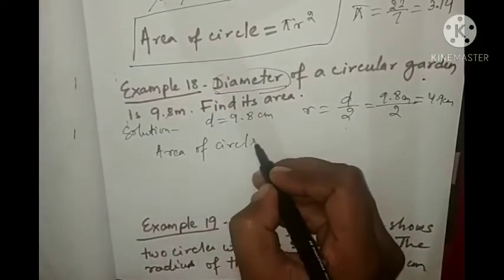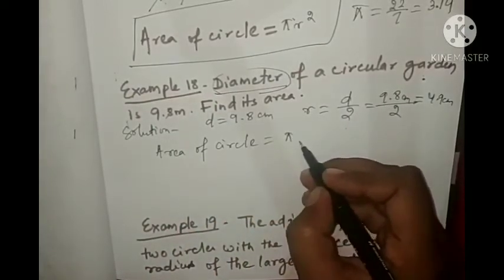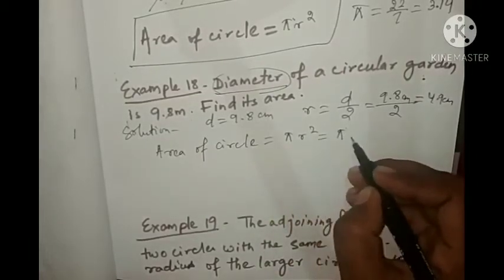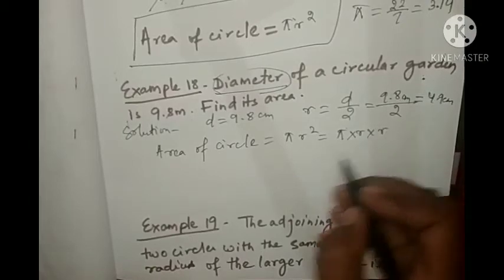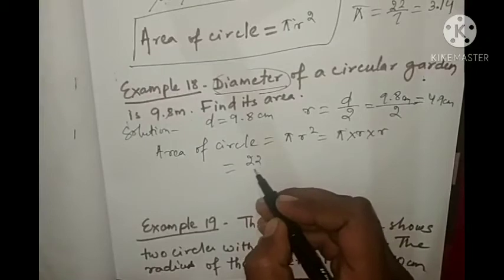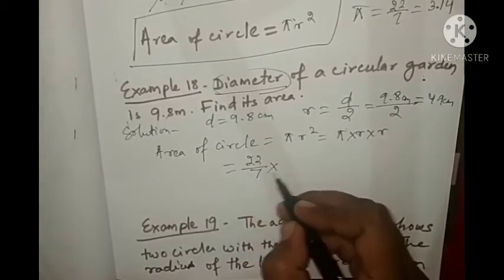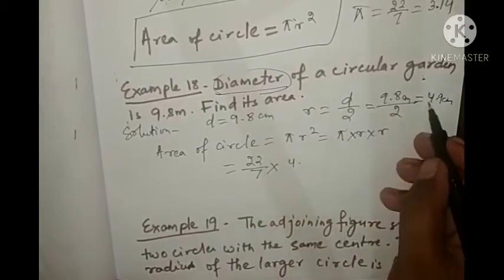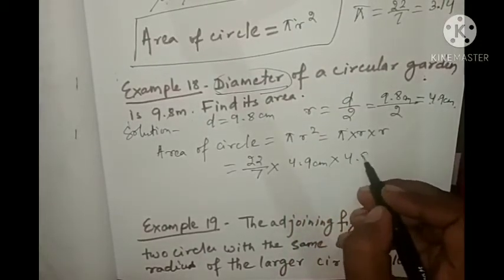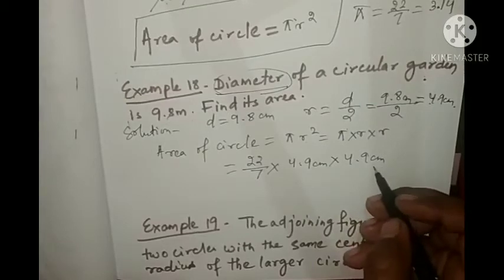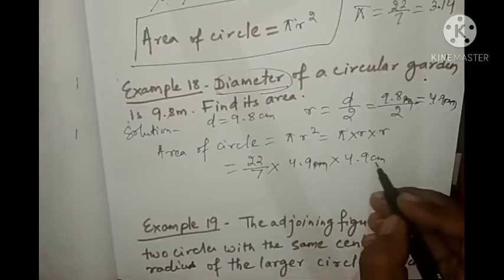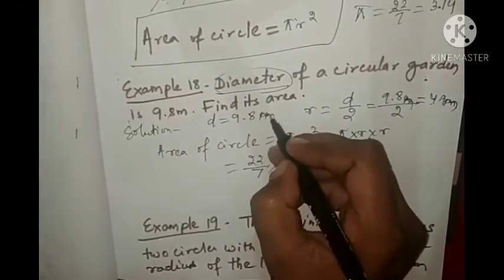Next we will see the area of the circle equals pi r square. Pi r square means pi into r into r, so we write pi as 22 by 7 into 4.9 meter into 4.9 meter.